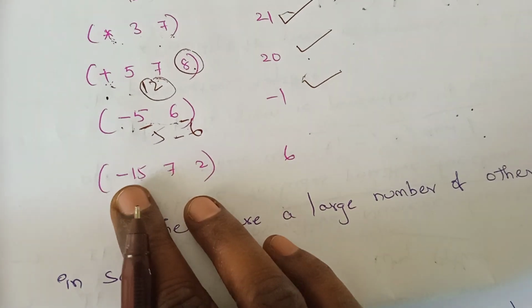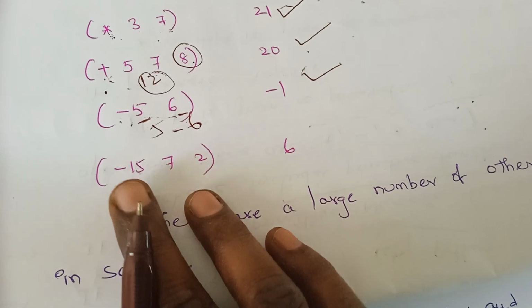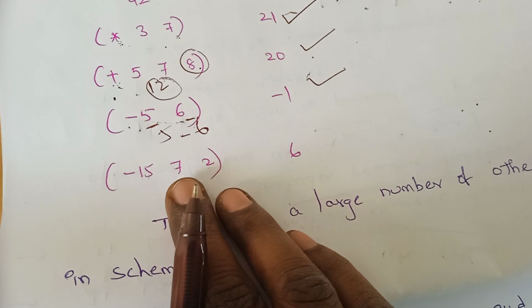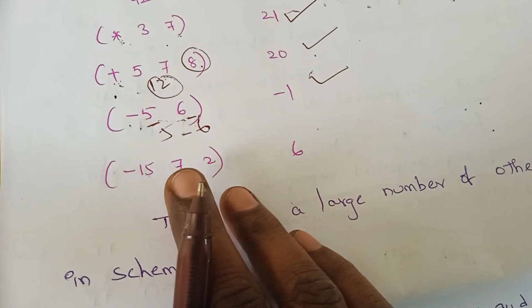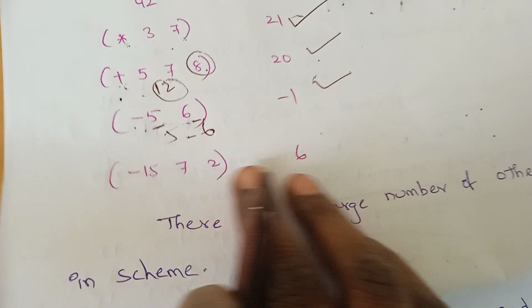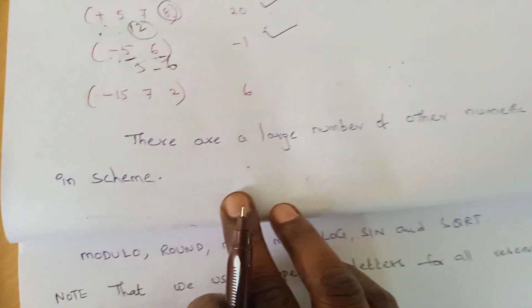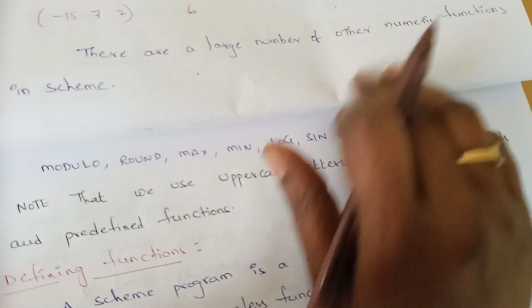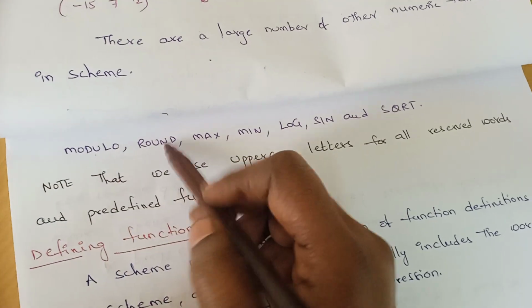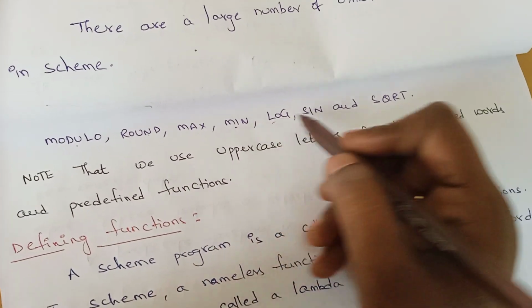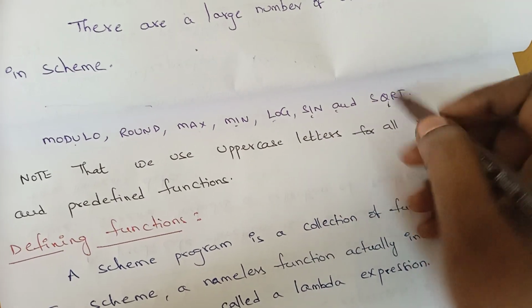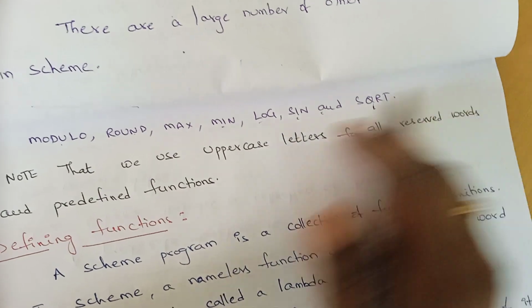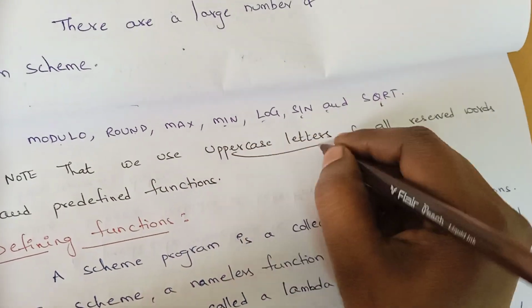The same minus function is named minus or subtraction. 15 minus 7, the answer is 8. 8 minus 2 is 6. There are a large number of other numeric functions in Scheme, which are modulo, round, max, min, log, sine and square root. We use uppercase letters for all reserved words and predefined functions.